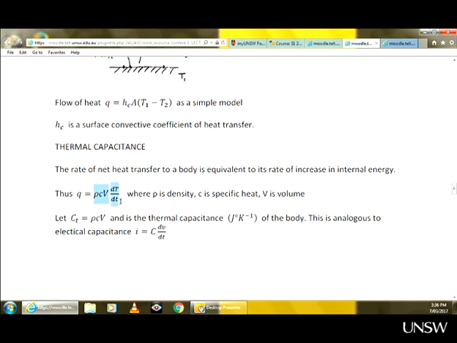Q is the rate of change of internal heat, but it is also equal to the net heat flow: all heats in minus all heats out, that's the net heat. So again, we can relate the input and the output through these constants. We can call them impedance, or later on we'll call that transfer function.